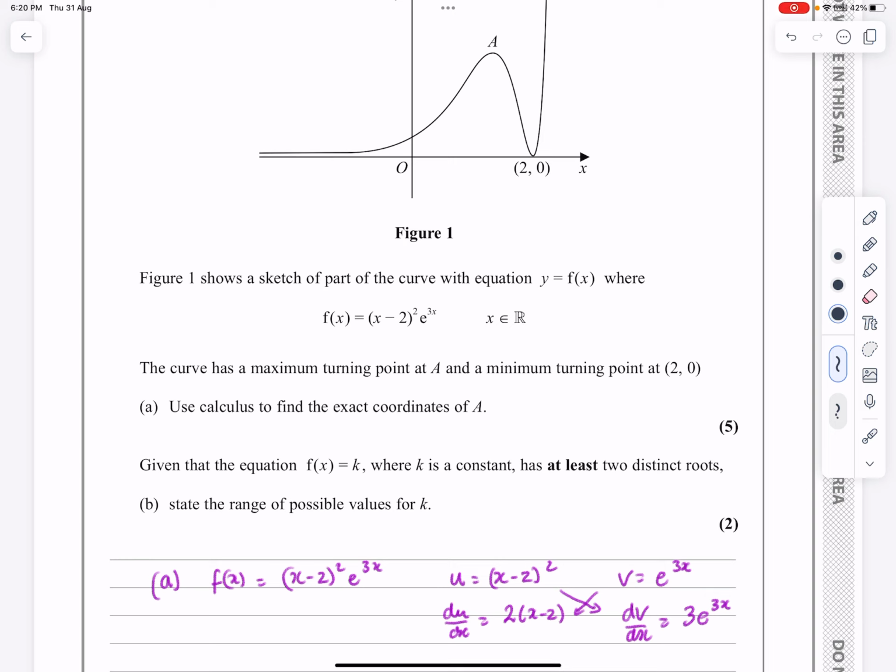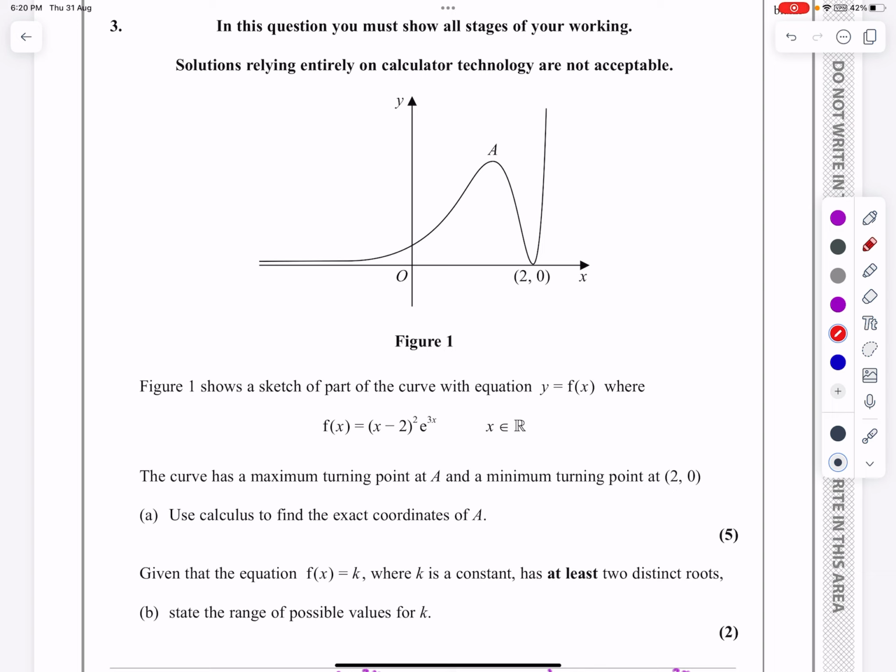If we're trying to find where f(x) equals k, there's a different colour here, k is basically represented by a line going straight across, y equals 4, y equals 2, f(x) equals 2, something like that.